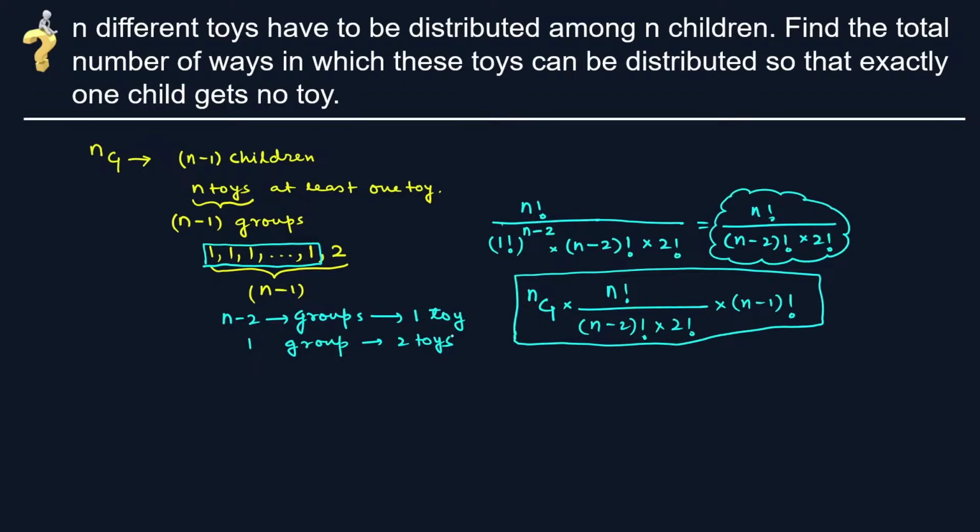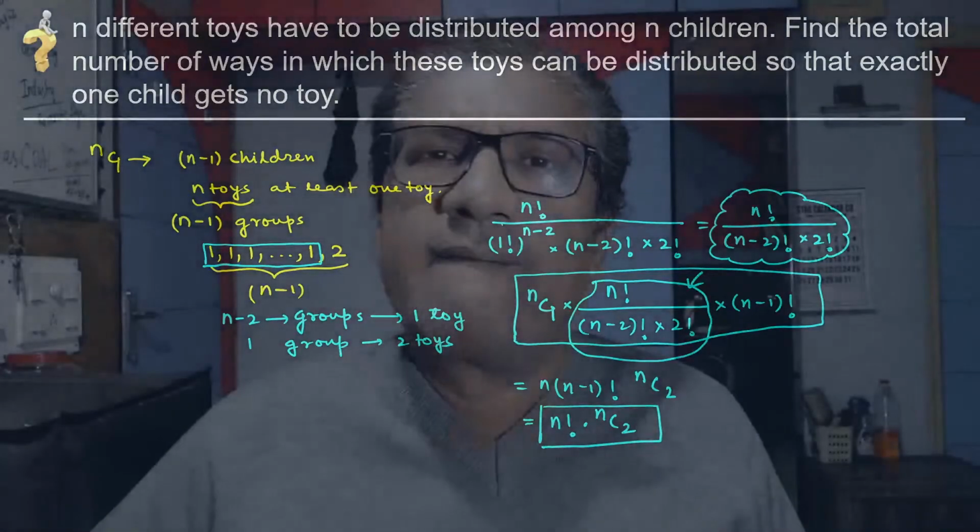And now these n-1 groups are formed in this number of total ways, and we are distributing these groups among n-1 children, so that can be done in n-1 factorial. Therefore, the final answer will be nC1 times n-1 factorial, which is basically nothing but n times n-1 factorial, giving us factorial n, into nC2. Is it clear to all of you?